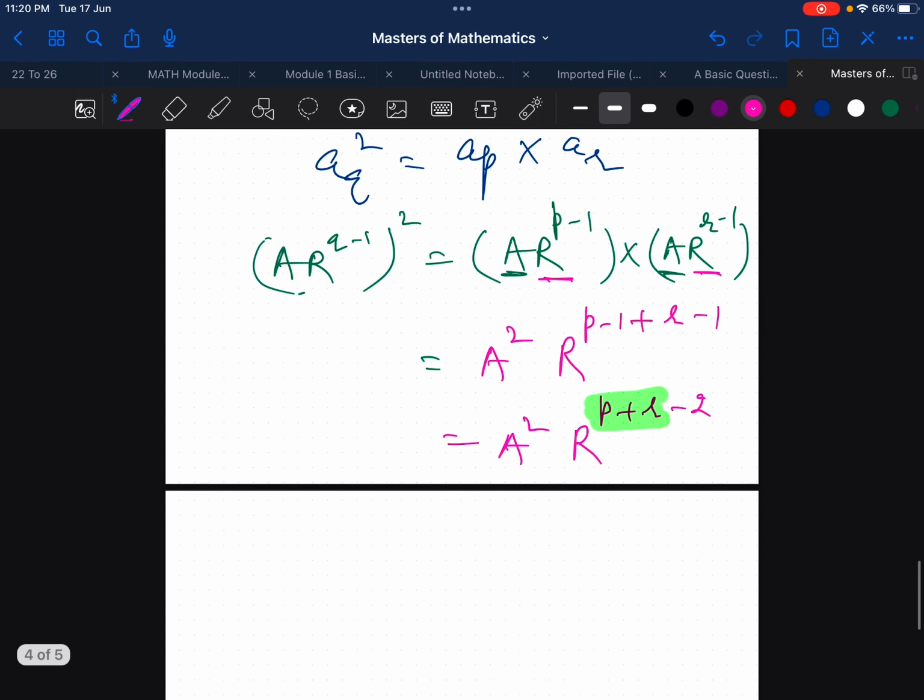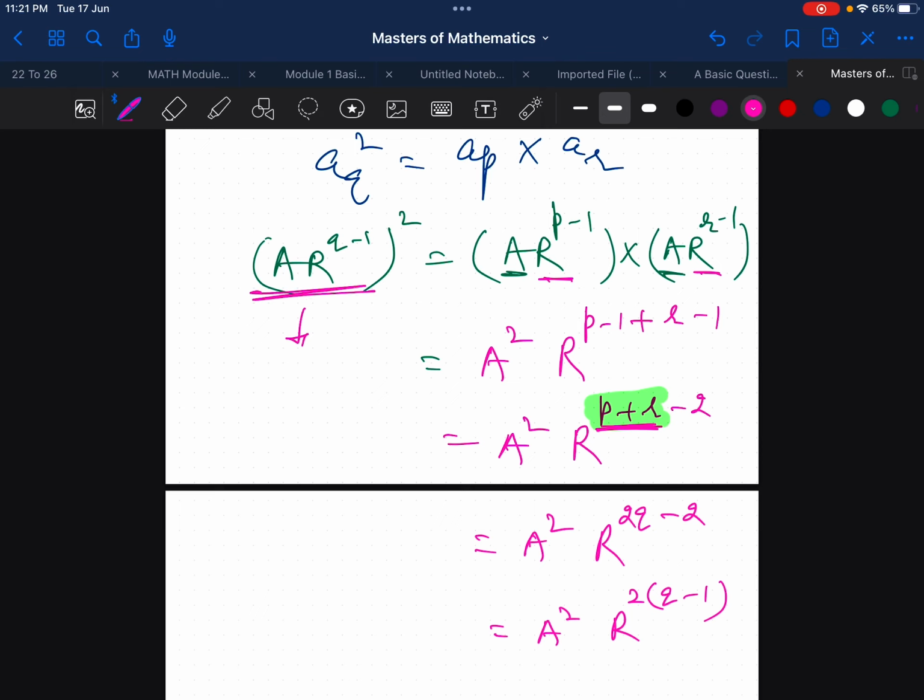In the next step, in the right hand side, I can write A square R raised to power 2Q minus 2. I have put 2Q in place of P plus R because P, Q and R are in AP. So this is my RHS, or further I can write A square R raised to power 2 into Q minus 1.